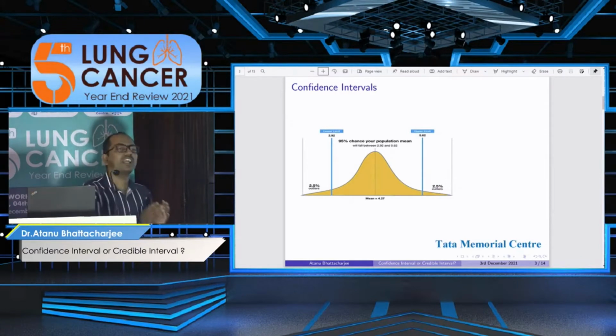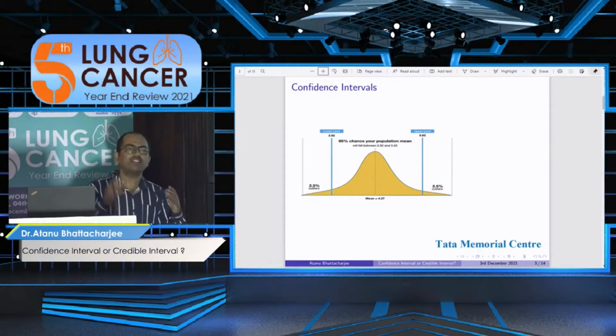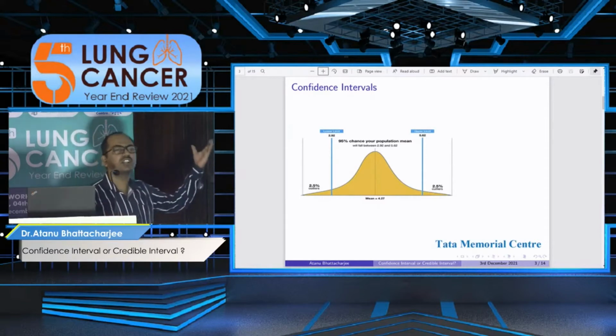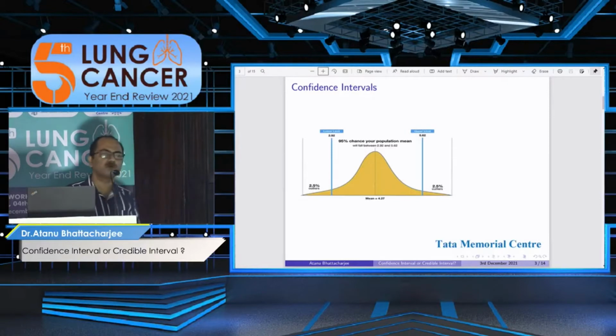So while we are talking about the sample data, we think that the sample data will be equally representative of the population's data or population's characteristics. So what are the characteristics of populations? Populations follow a very well-known curve called the bell-shaped curve, or Gaussian curve, or normal curve.